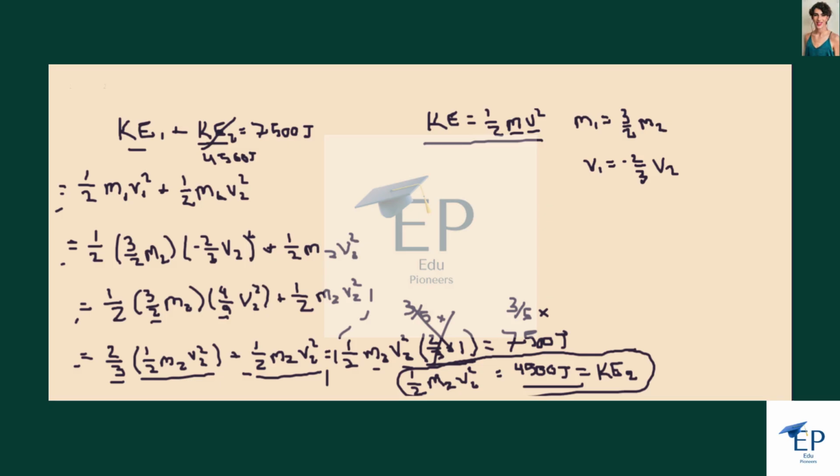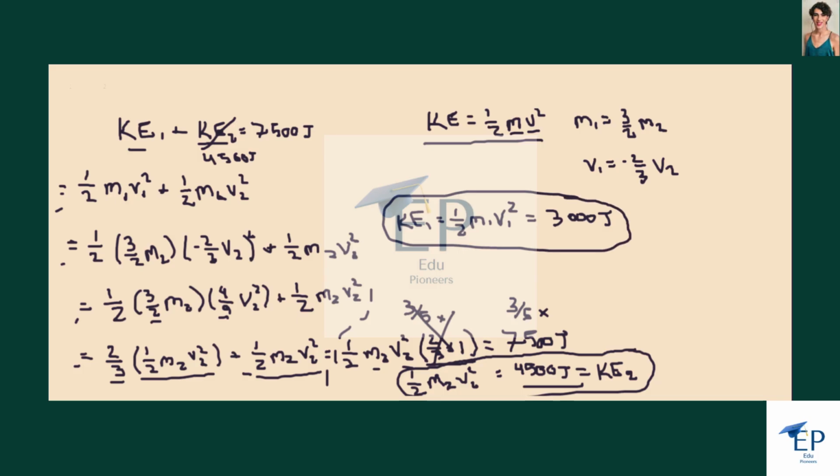So subtract 4,500 from both sides, and what we find is that the kinetic energy of the first particle, and for completeness, we'll just write out that's equal to 1/2 mass of the first particle times the velocity squared of the first particle, is equal to 7,500 minus 4,500. That's a nice even 3,000 joules.